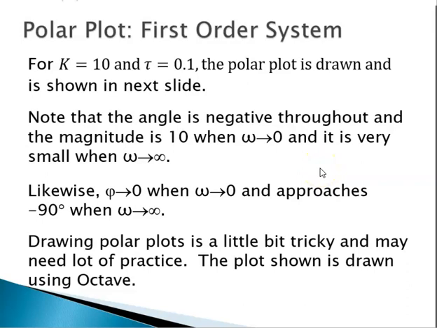Drawing this polar plot may be a little bit tricky. It may be slightly confusing to begin with, but I'm sure if you practice one or two plots, it will be as easy as a piece of cake. The plot shown in the next slide is drawn using Octave.